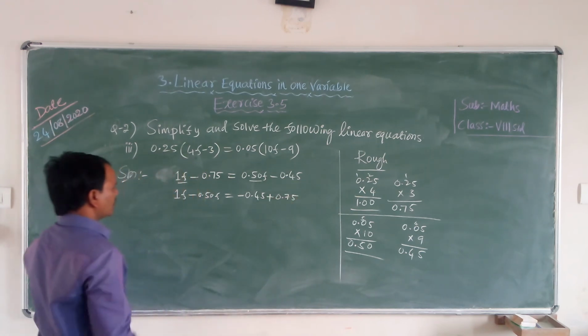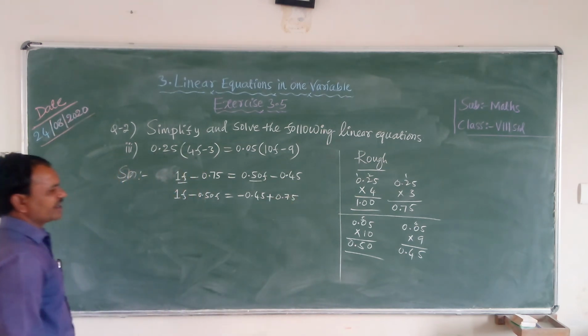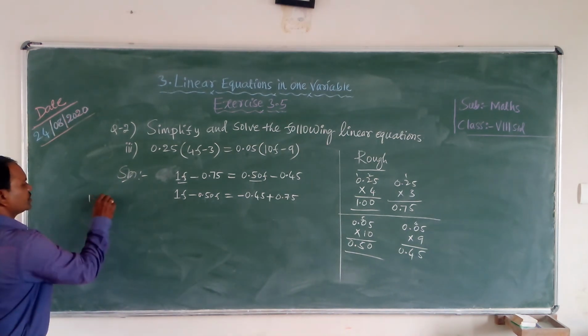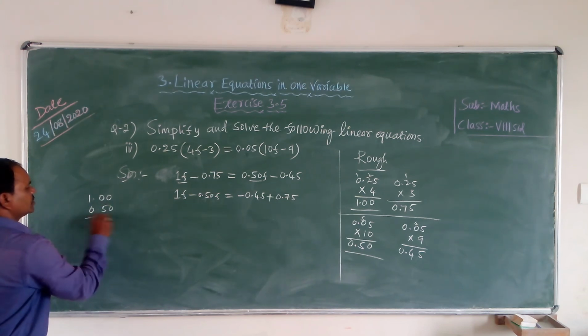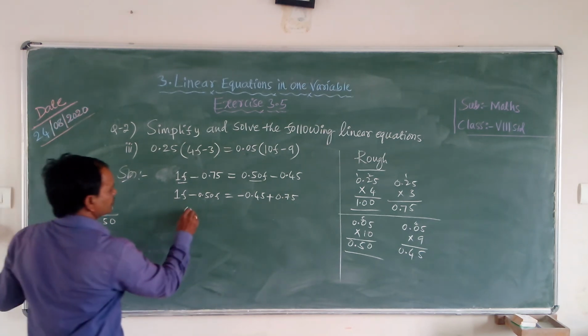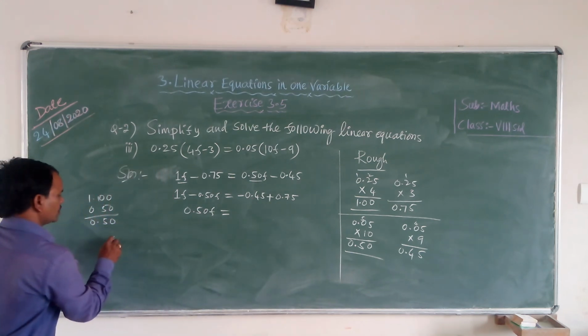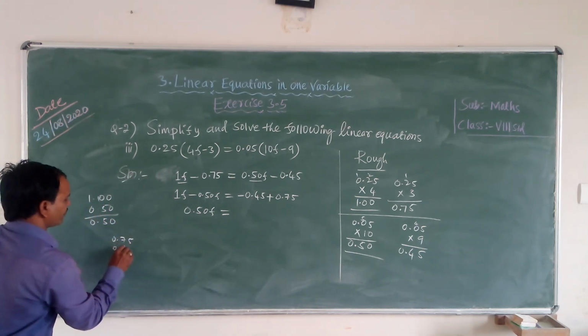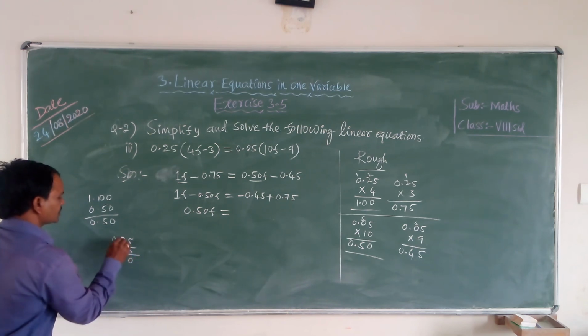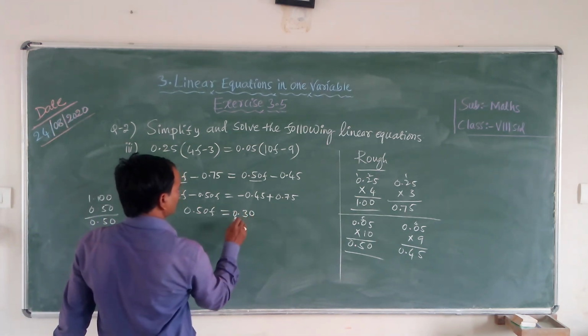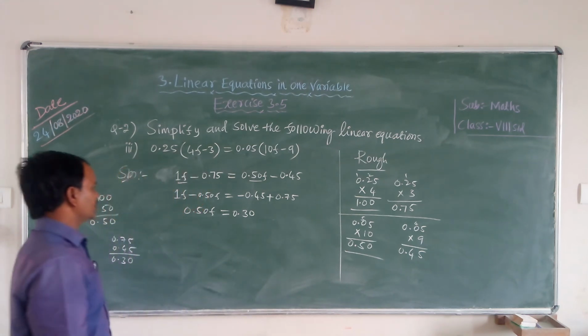Now 1f minus 0.50f means half, so 1.00 minus 0.50. Then 0.75 minus 0.45, 7 minus 4 is 3, so 0.30.